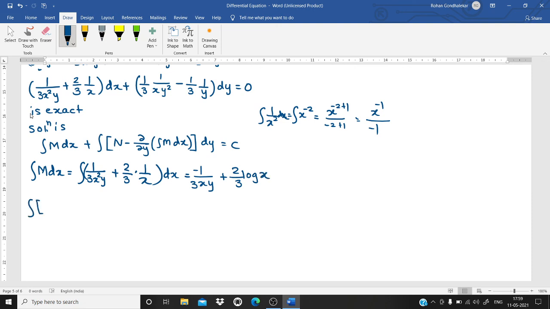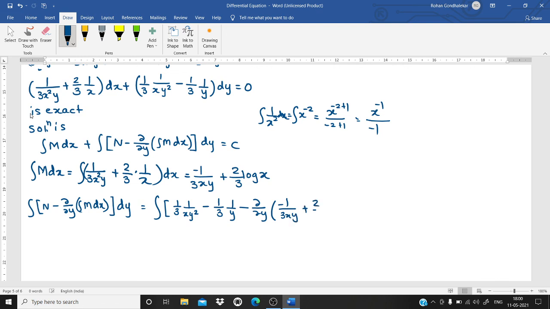Now integral n minus dabba by dabba y of integral m dx, and further integration is with respect to y. So integral of, what is n? 1 upon 3 into 1 upon xy square minus 1 upon 3 into 1 upon y minus dabba by dabba y of integral m dx, that is minus 1 upon 3xy plus 2 by 3 into log x.